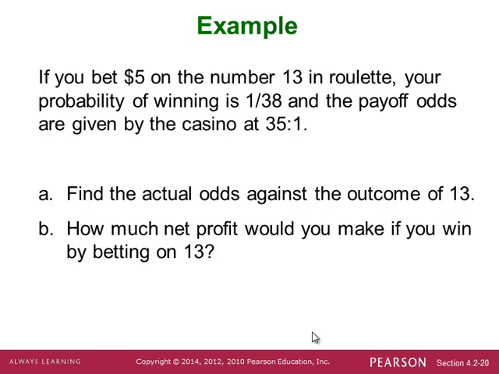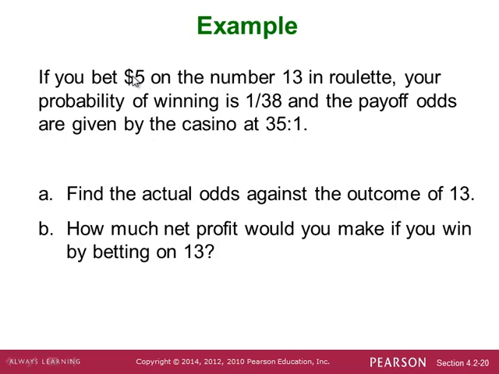And if you place a bet on a specific number, there's a 1 in 38 chance of that roulette wheel landing on your number. Now let's suppose that we bet $5. Now we're told that the payoff odds are 35 to 1.